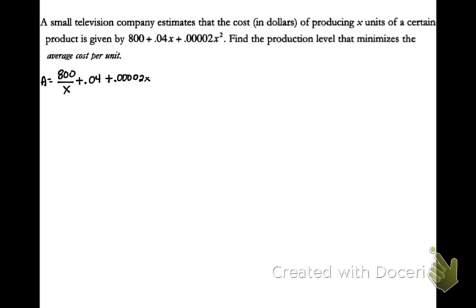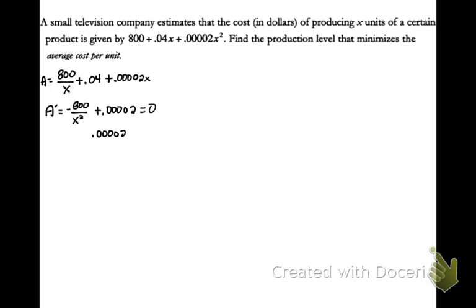And if we want to minimize this, then we need to find the derivative, which will be negative 800 over x squared plus 0.0002. And I'd like to know when this derivative equals 0.